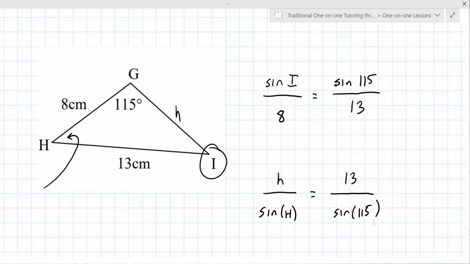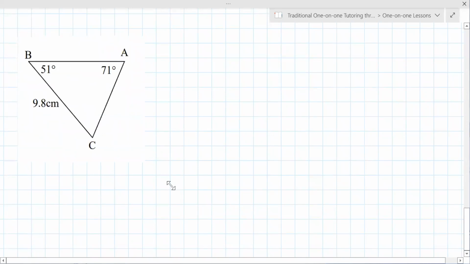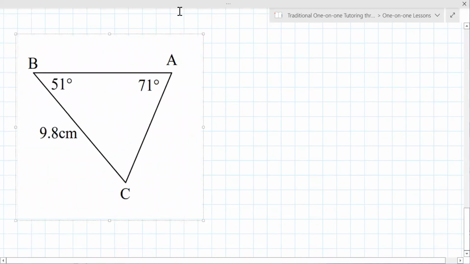So let me give you one more just to have you look at. Same thing here though, you don't need to solve it. I just want you to look at it, interpret it, and say, when do I use it and why? What can I solve for and why?